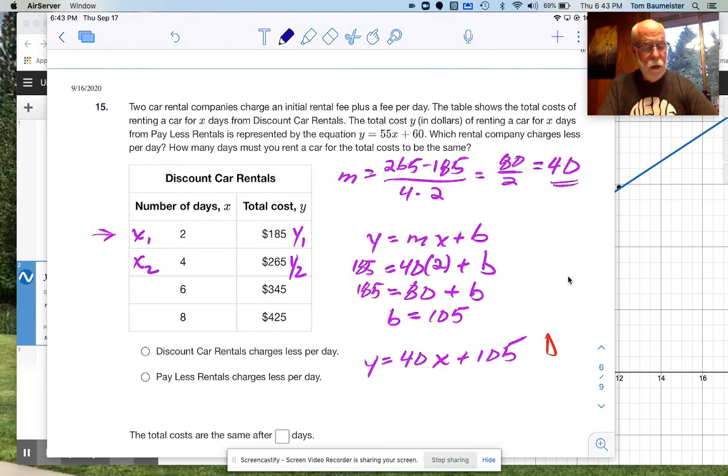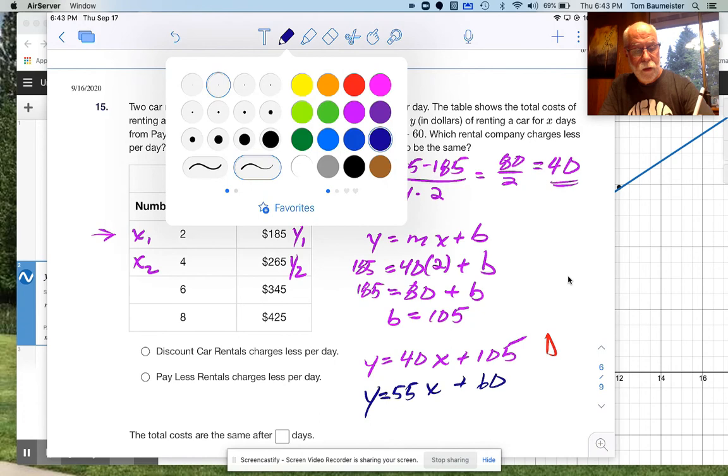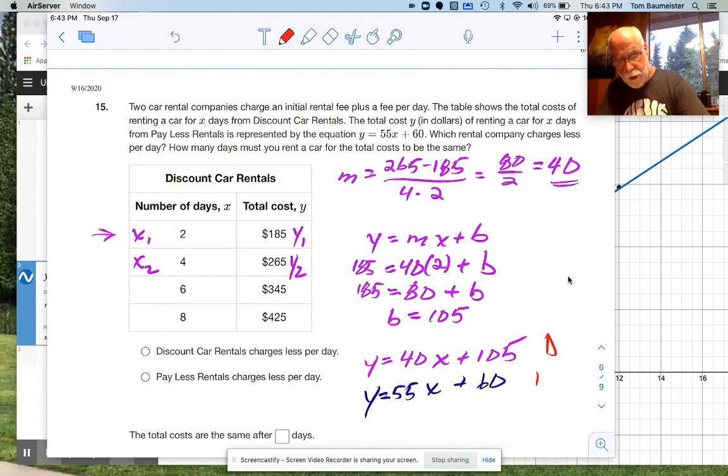We know that Pay Less Rentals, theirs is y is equal to 55x plus 60. Again, that's Pay Less. So I'll just put a P by it.